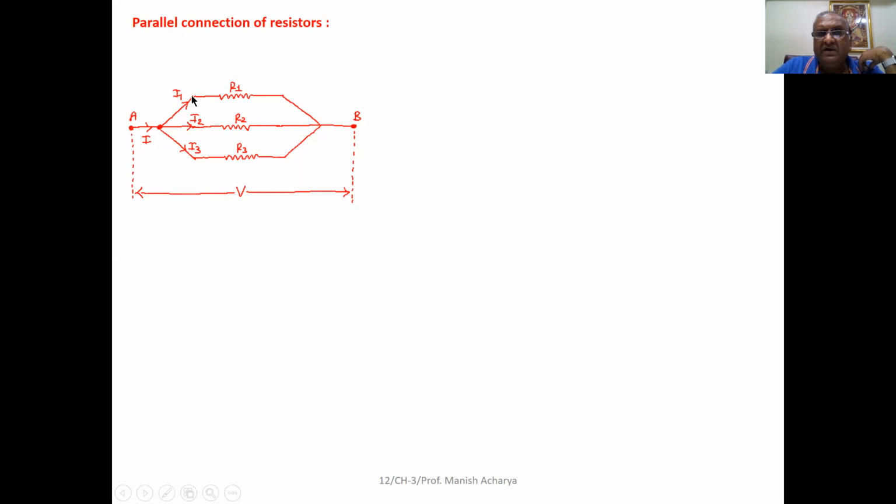Suppose I1 current is flowing through resistor R1, I2 current is flowing through resistor R2, and I3 current is flowing through resistor R3.